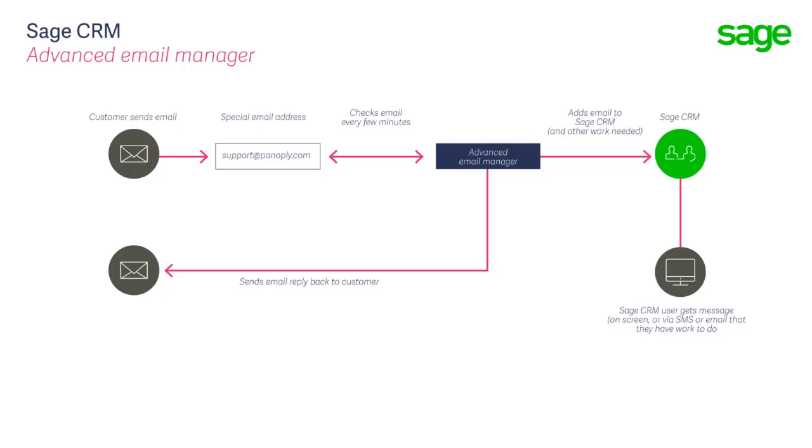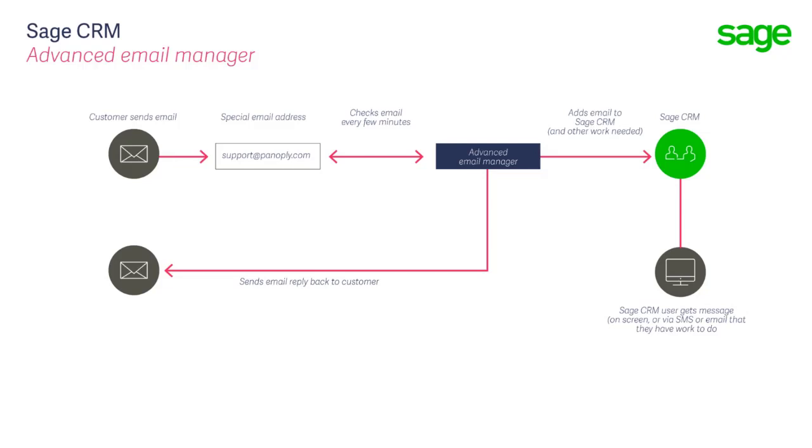That might mean that it will automatically file the email inside Sage CRM. It looks at the email and says, I can see who this email is from. I can check whether this is a known user, company, or person inside Sage CRM, and then create that inside Sage CRM. I could automatically reply back to the customer, and once it's inside Sage CRM, attach it to a particular workflow or do other tasks like creating a case or an opportunity automatically.